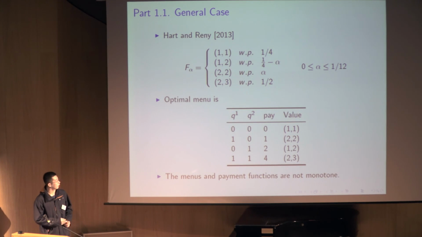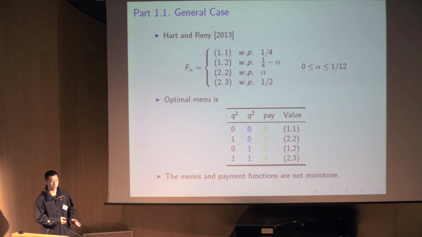And we say in this case the menus are not monotone. By monotone, we mean you cannot sort the menu items in a way such that all the allocation probabilities and the payment increase at the same time. Look at these 3 columns.